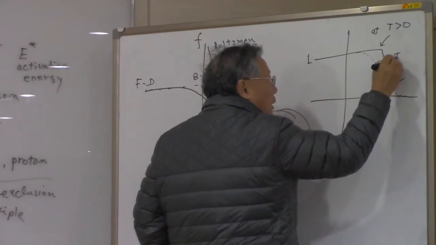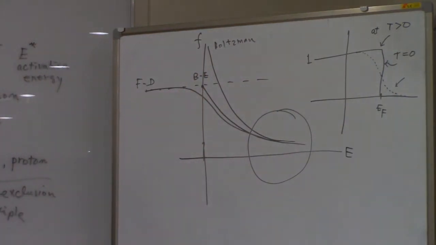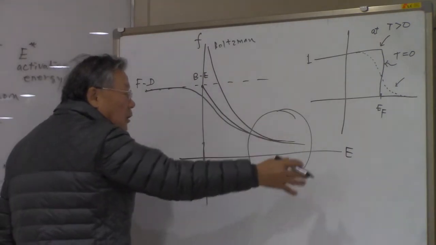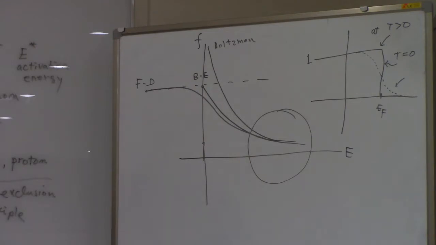This is T at absolute 0 temperature. That's what it's going to look like in the Fermi-Dirac statistics. Well, every statistics approaches Boltzmann at the high energies, and sometimes in real practice, it is not a bad assumption to take everything into the Boltzmann statistics.